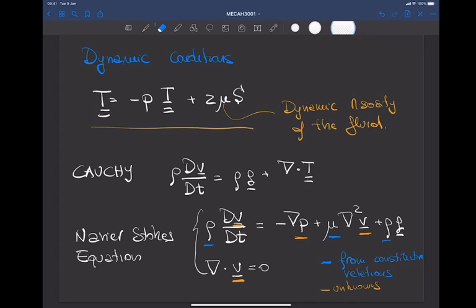Okay, excellent. So you have seen how we can actually derive these equations. As I told you in the class, there isn't to date a proof of the solution of the Navier-Stokes equation, although we already solved them numerically in computer simulations.